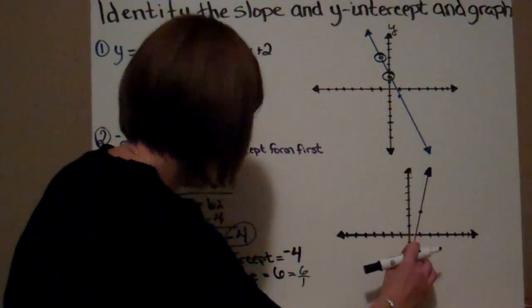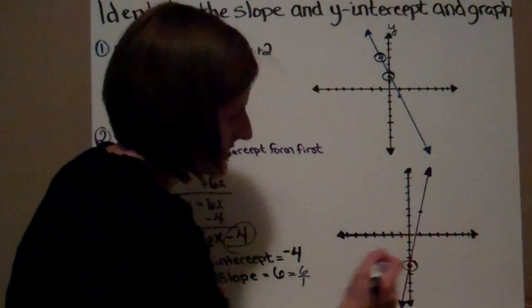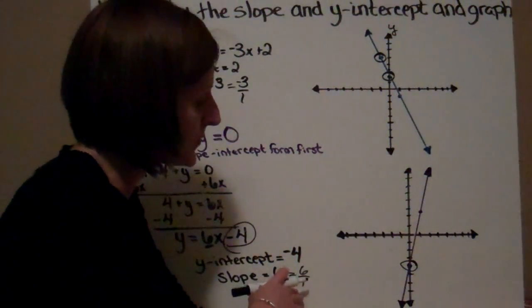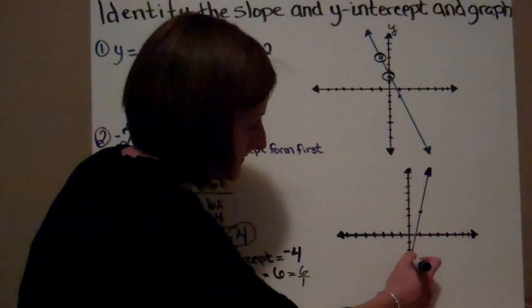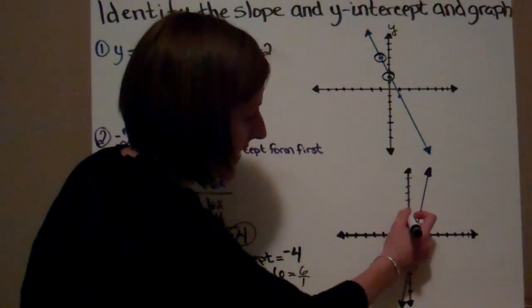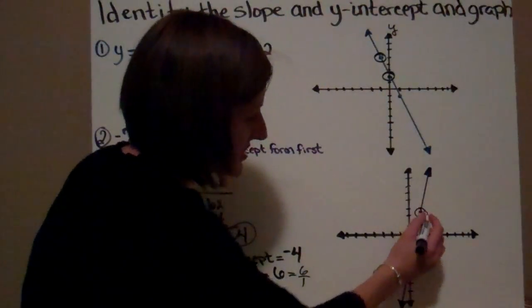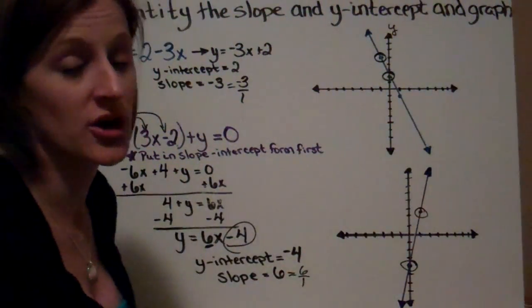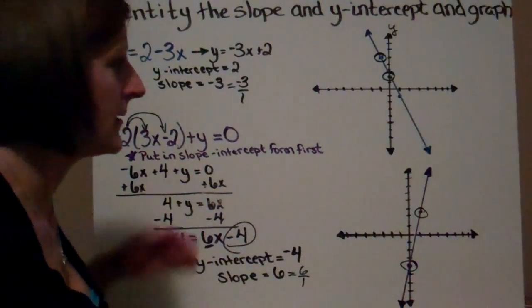So I'm going to go down to -4. It crosses the y-axis right there. Then my slope is 6 over 1. I go up 6, 1, 2, 3, 4, 5, 6, and over 1, which is right there. There's my second point. And all you have to do is draw your line between those 2 points and you're done.